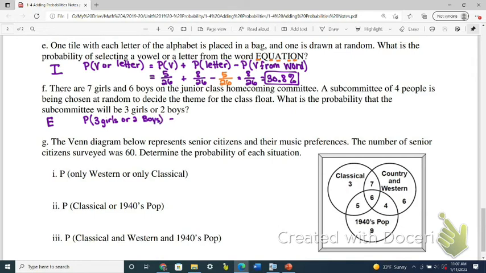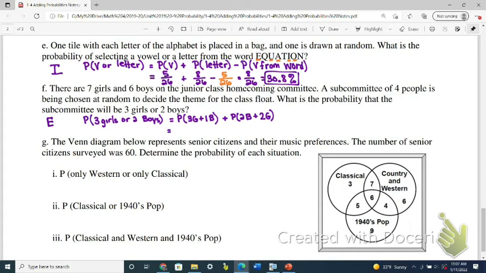So that would be the probability of having 3 girls and 1 boy, plus the probability of having 2 boys, and then you would need 2 girls because it has to have 4 people on the subcommittee. You are choosing more than 1. I'm choosing 3 girls. We have to use C's.